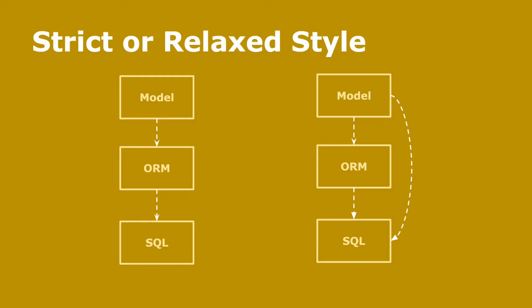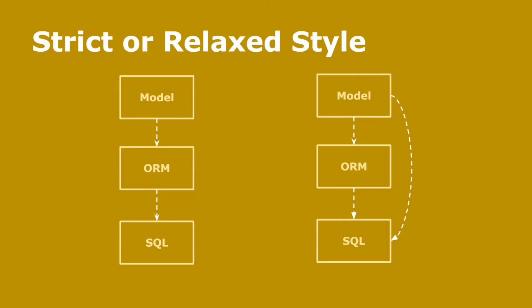You often hear the terms relaxed or strict layer style, and in the strict layer style we enforce that you can only depend on the layer next lowest to you. So the model can only depend on the ORM layer, but not on the SQL layer, so no layer skipping.